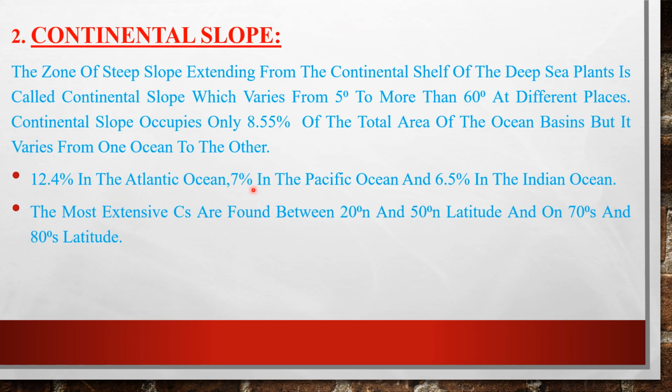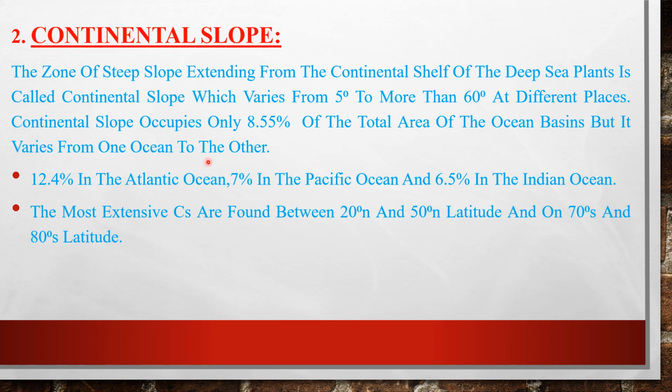Next, continental slope. The zone of steep slope extending from the continental shelf to the deep sea plains is called the continental slope, which varies from 5 degree to more than 60 degree at different places. The continental slope occupies only 8.55% of the total area of the ocean basins, but it varies from one ocean to another.